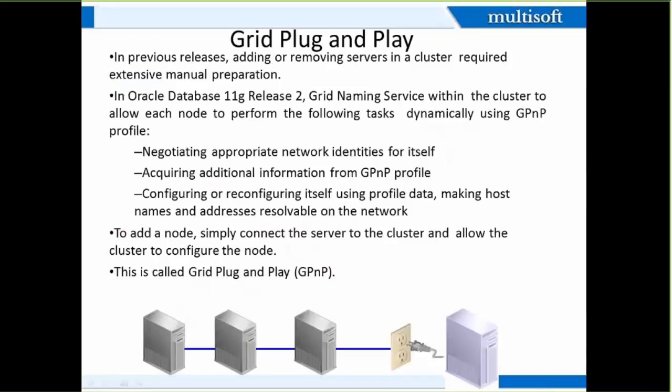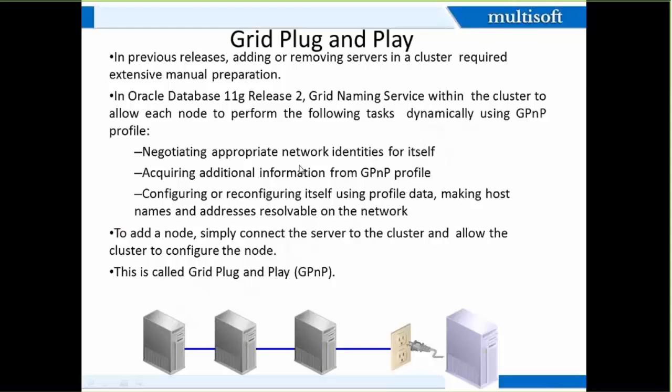Okay, so the GPnP profile. As I have mentioned, in the previous release, adding or removing a server in a cluster required extensive manual operation. But in 11g R2, this GPnP profile has been introduced. When we do adding or removing activities, the GPnP profile is used, and all the basic shared information is gathered from it.